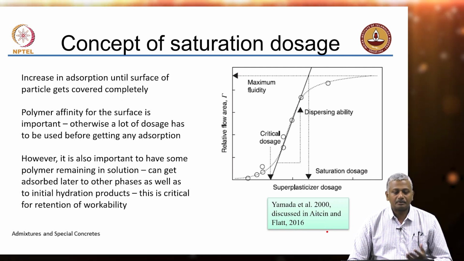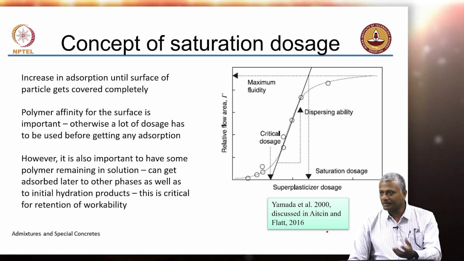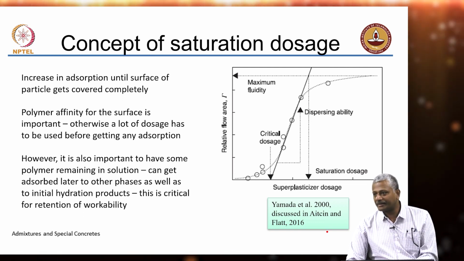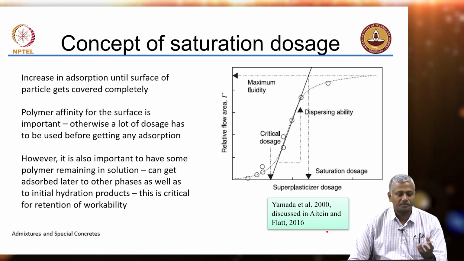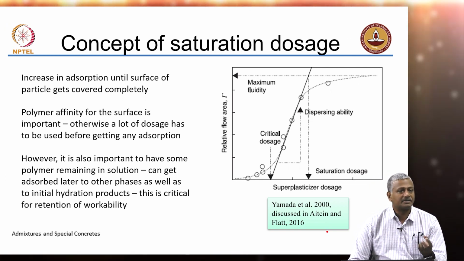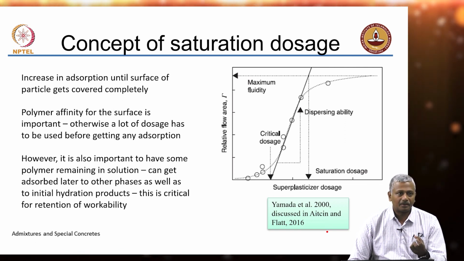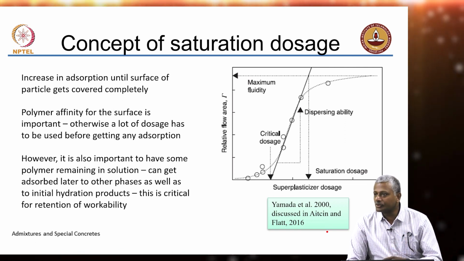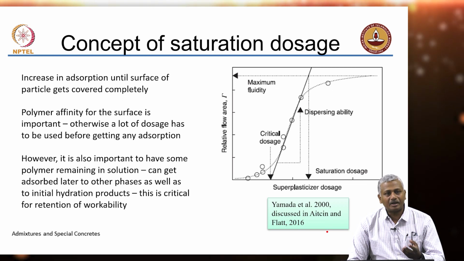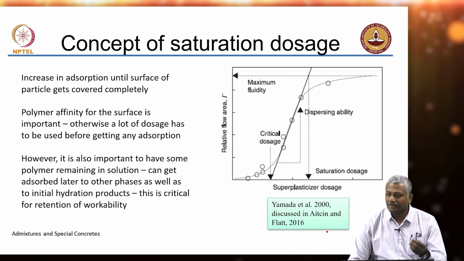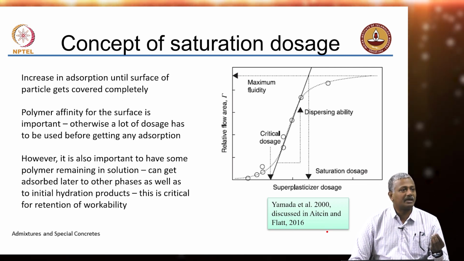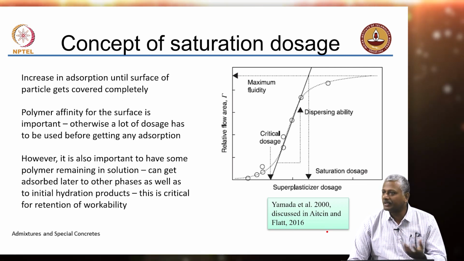So the concept of saturation dosage is indicated by the fact that you only have so much adsorption that can actually happen. So adsorption increases until the surface of the particle gets covered completely, okay. Now all this also goes to say that your admixture has to be uniformly available in your concrete, and somebody had raised this question that we are using only such a small quantity of the admixture, how does it get available to the cement?